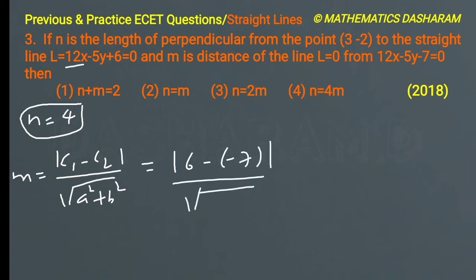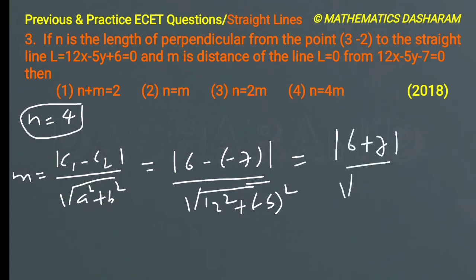A means the x coefficient 12 square and b means the y coefficient minus 5 whole square. So it equals mod 6 plus 7 divided by under root 12 square 144, 5 square 25, so total 169. So 6 plus 7 is 13 by 13.